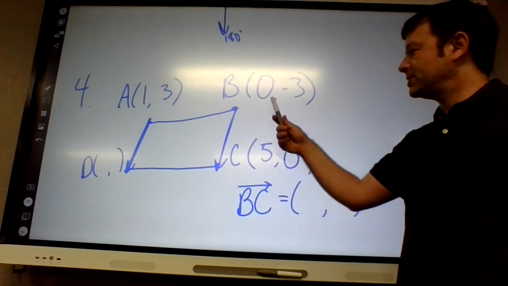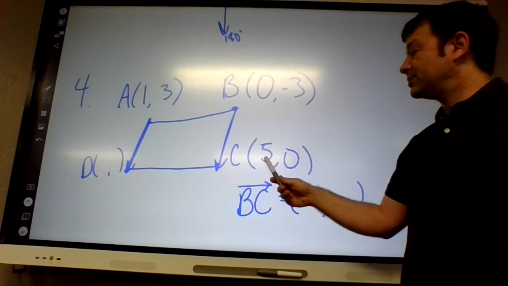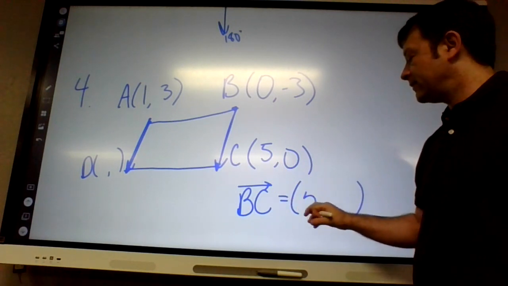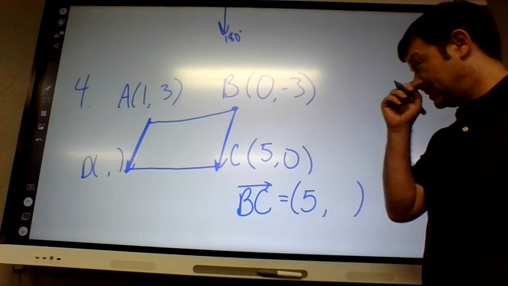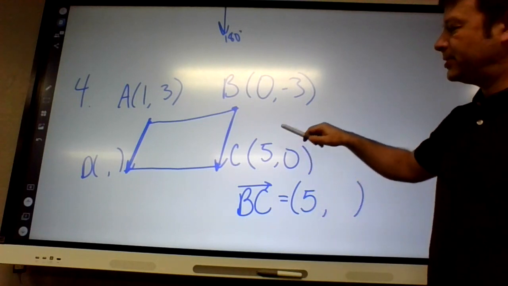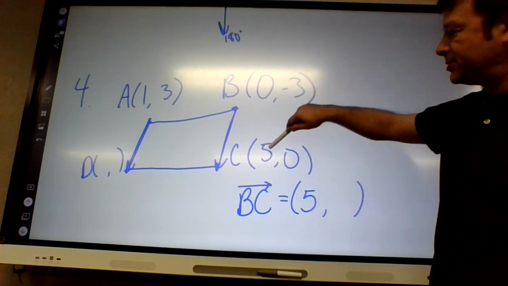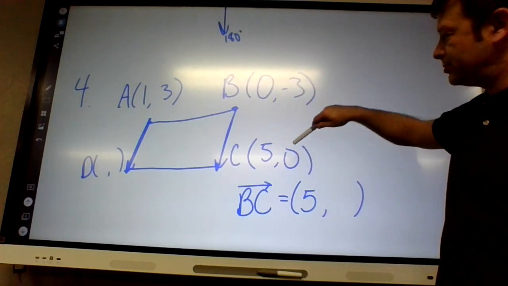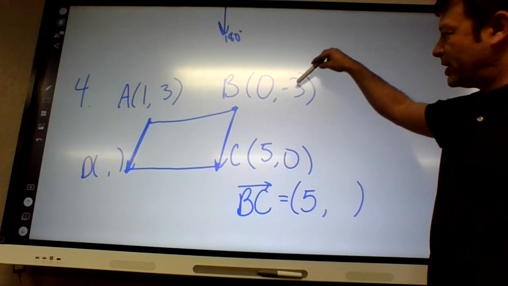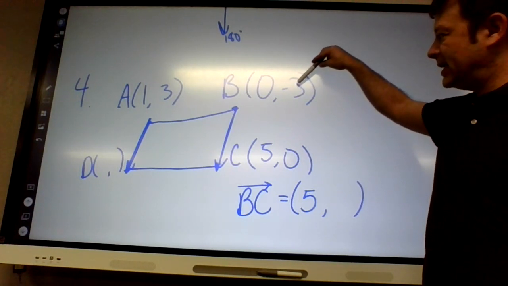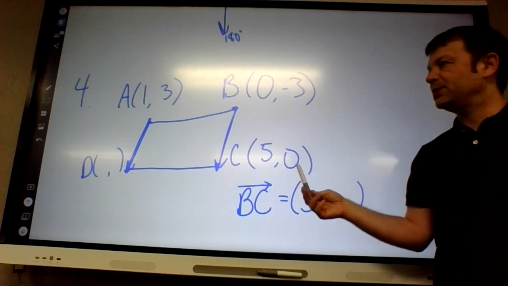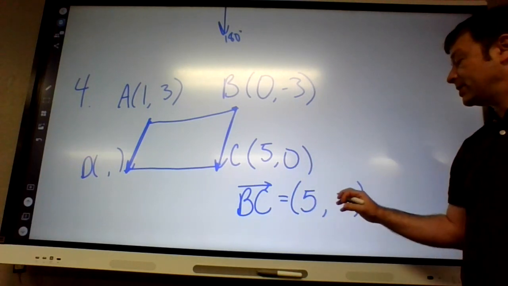Doesn't match the picture, but that's okay. So the x coordinate is increasing by 5. Another way you could do it is x2 minus x1, y2 minus y1. The y component is going from -3 to 0, so it's increasing by 3.